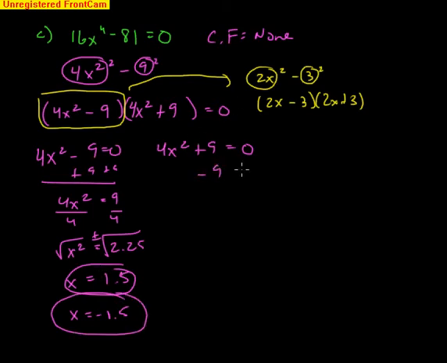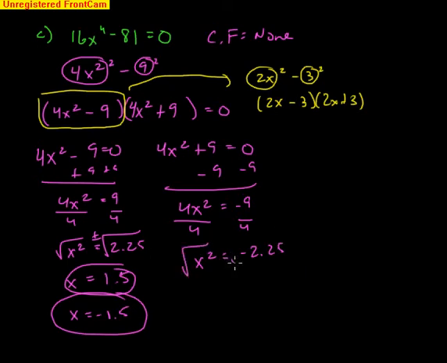Let's see over here. Let's subtract 9. 4x squared equals negative 9. Let's divide by 4. X squared equals negative 2.25. So it's the same number, but it's negative. And now we're going to take the square root. Now, when you take the square root of a negative number, you have to do two things.